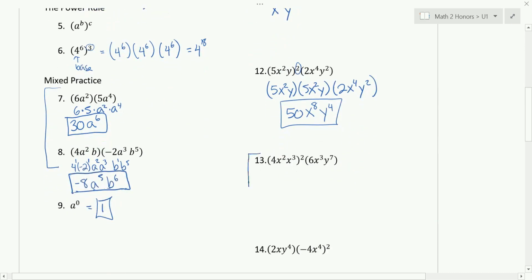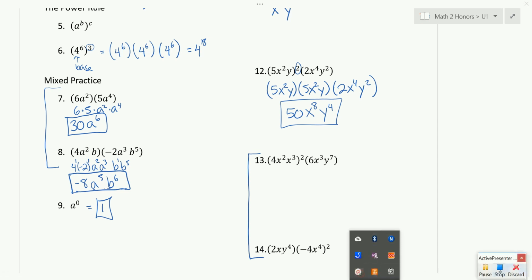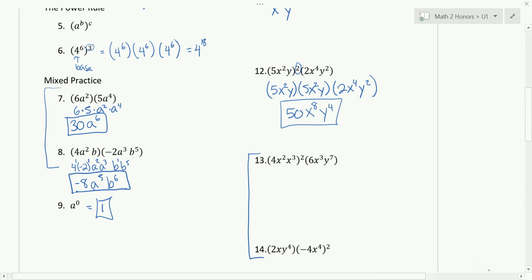Okay, you guys try that on 13 and 14. All right, 13. What final answer? What is the coefficient? Coefficient means the number in front of all the variables. 96 is correct. Shriya, right?